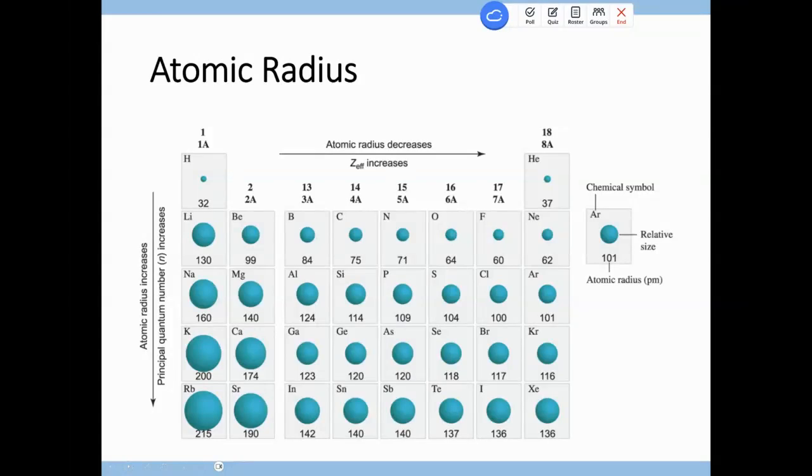Okay, so this periodic table here shows the difference in atomic radii sizes for different atoms. And let's define this here.